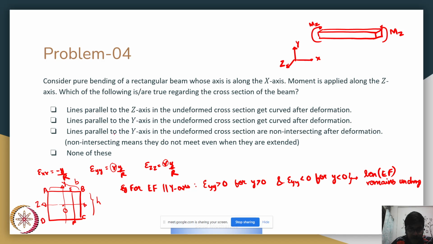What are we asked? Lines parallel to y-axis in the undeformed cross section get curved after deformation. No, they don't get curved. They remain unchanged.